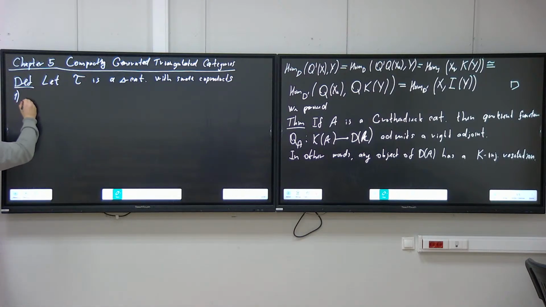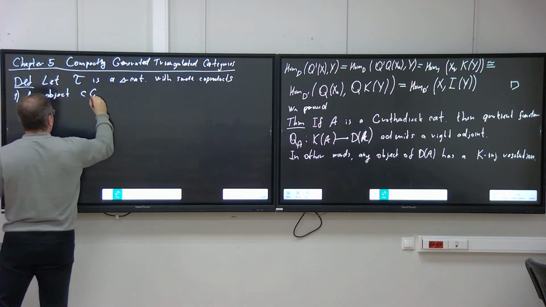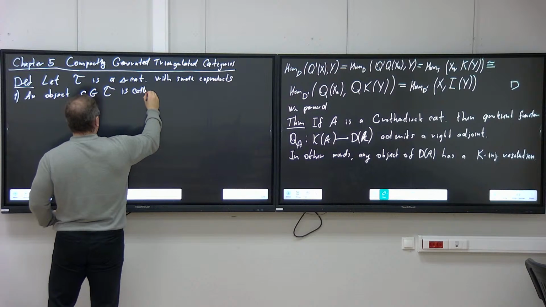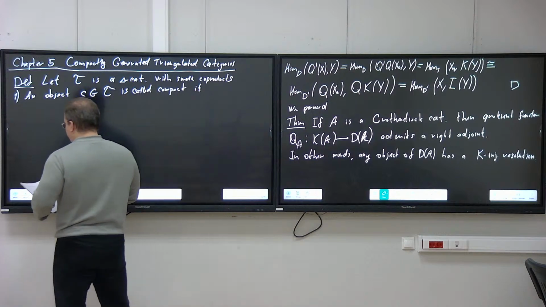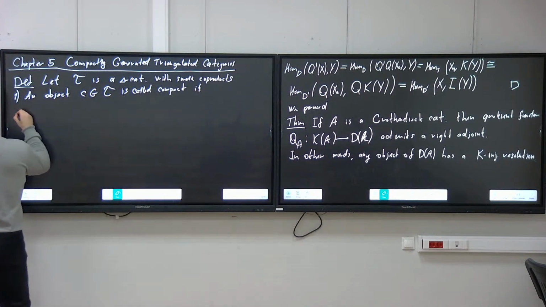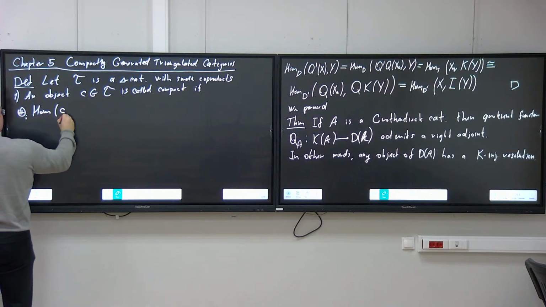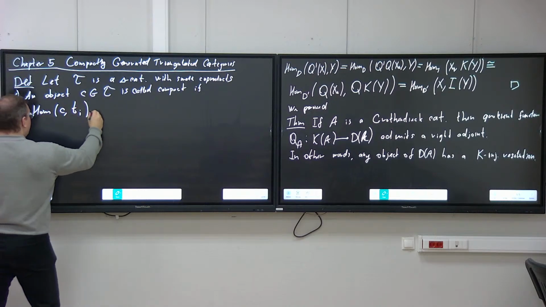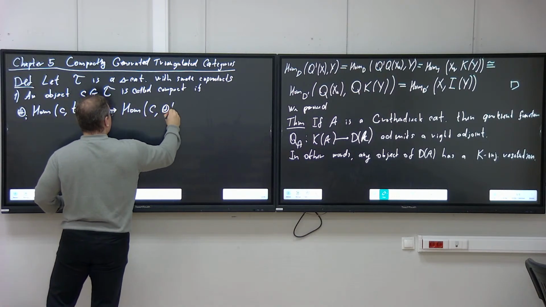First, an object, let's call it C, in the triangulated category T is called compact if the canonical map from the direct sum over i of Hom from this object to a family of objects T_i, to Hom from C to the direct sum of T_i, is an isomorphism.